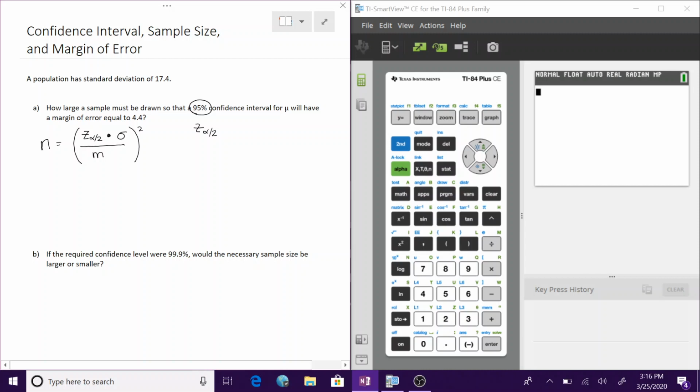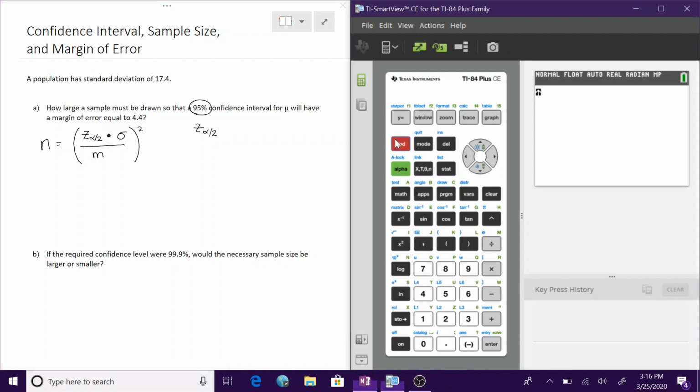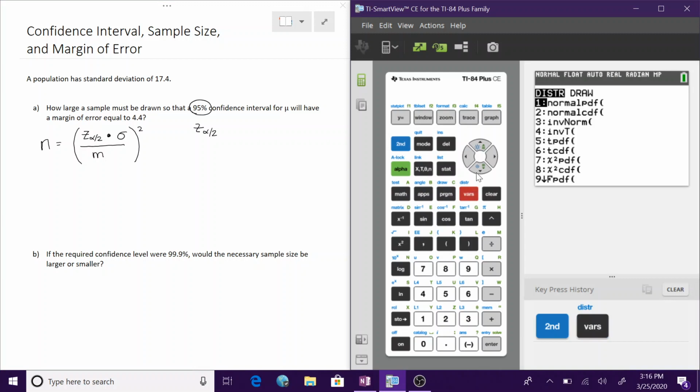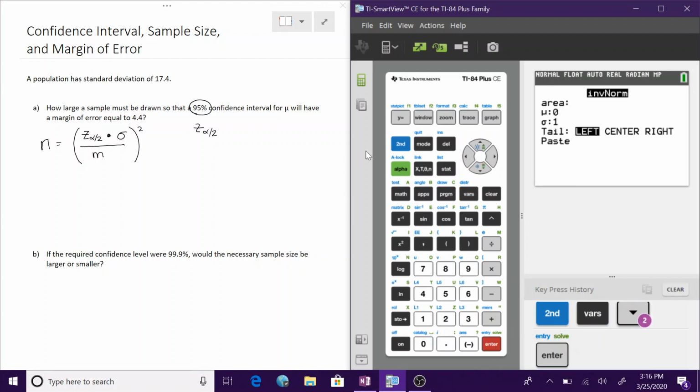And remember that to find this critical value, we're going to use our command in our calculator, inverse norm. Second bars, inverse norm. Now when we're finding our critical value, we're dealing with a standard normal curve. So you can see over here in our window that our mean is going to be 0 and our standard deviation is going to be 1 for this part.